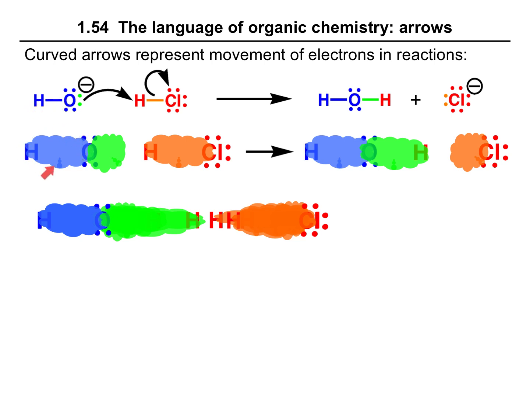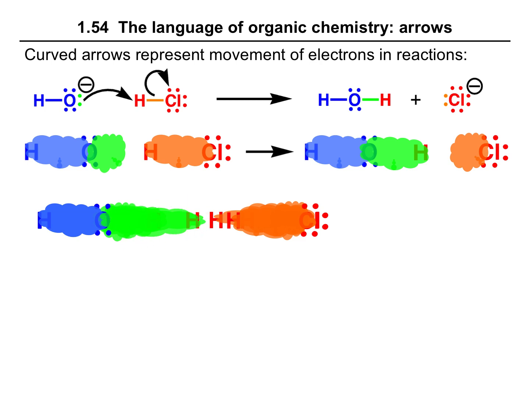So we can think of it as if it's this cloud where the electrons are likely to exist. I'm not showing the blue lone pairs, but the green lone pair, that could be a cloud that exists over here. Hydrogen and chlorine, this bond is also a cloud. Now, as these electrons move over here to grab the proton, we want to think about this cloud stretching out to grab the hydrogen.